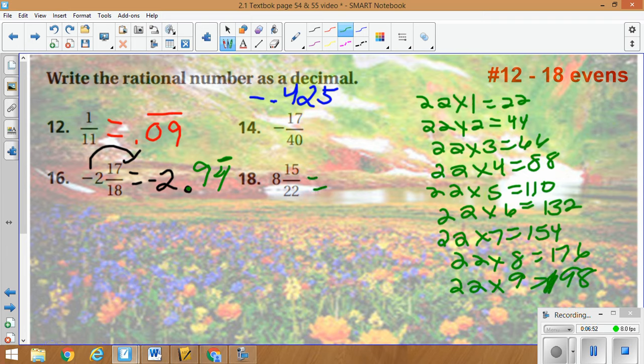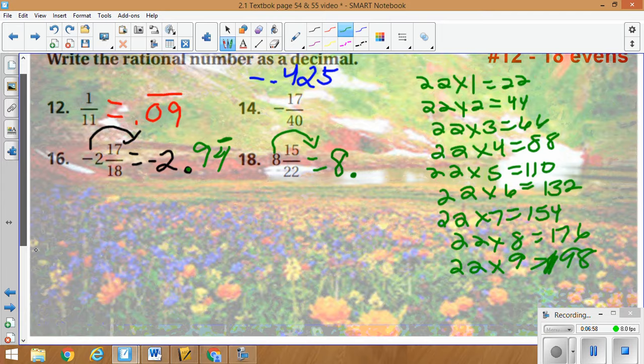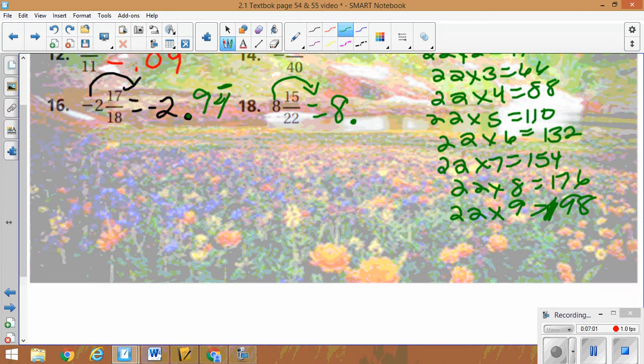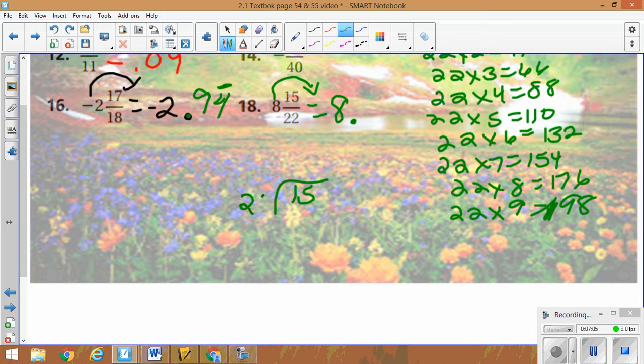So I see a whole number 8, so I'm going to take that integer and just bring it over, add my decimal. I'm going to take 15 and divide that by 22. So since 22 can't go into 15, I add a decimal and a 0. So 22 goes into 150 6 times. So 6 times 22 is 132.